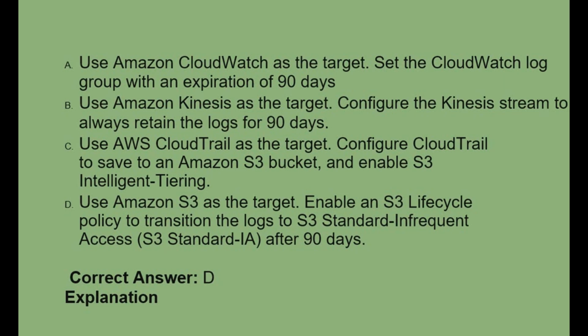Configure CloudTrail to save to an Amazon S3 bucket and enable S3 intelligent tiering. Option D, use Amazon S3 as the target. Enable an S3 lifecycle policy to transition the logs to S3 standard infrequent access, that is S3 standard IA, after 90 days. Correct answer is option D.